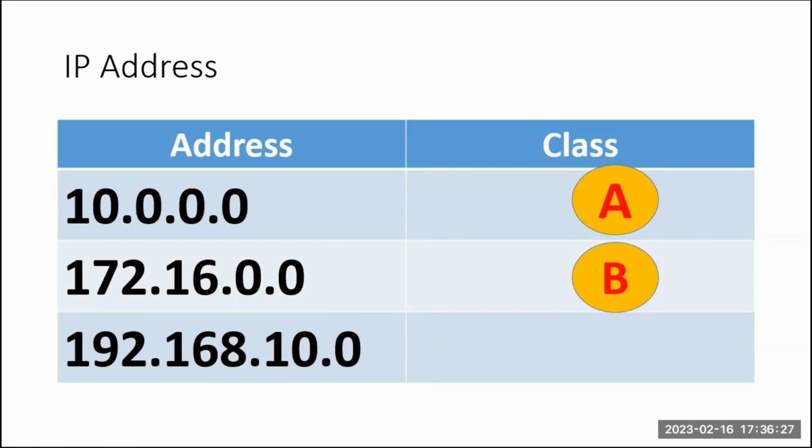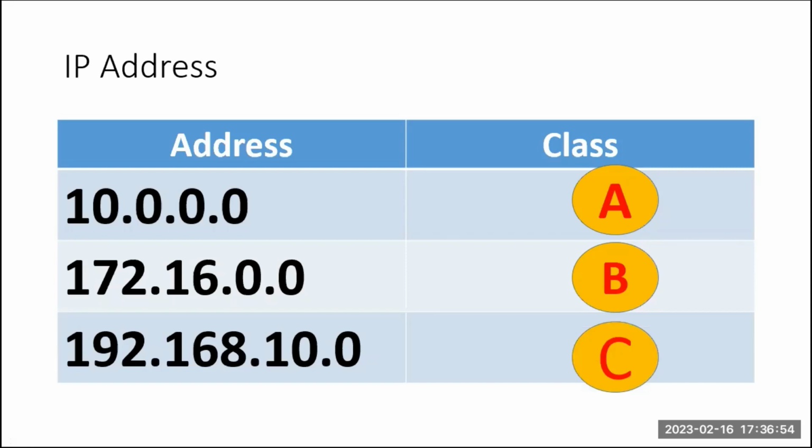Sir, just a question before you go on to the third one. You're saying that for class B, the first octet is supposed to be between 128 and 191? Yes. Okay, thank you. And for class C, the third one, sir, I think it's from 192 to 223.